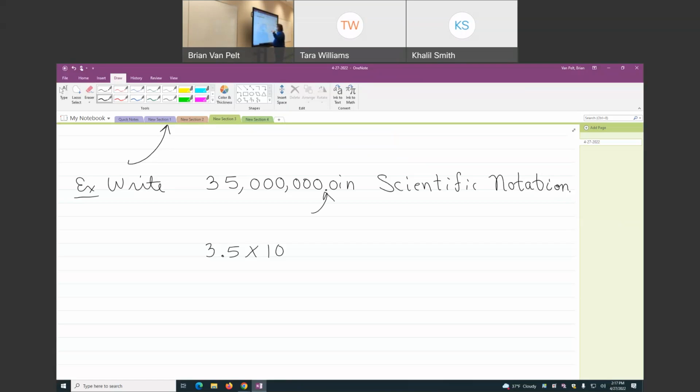The decimal is there. How many places do I go to put the decimal there? 7 places. Let's count: 1, 2, 3, 4, 5, 6, 7. That's it. If you don't know where the decimal is at the beginning, you can't do it.